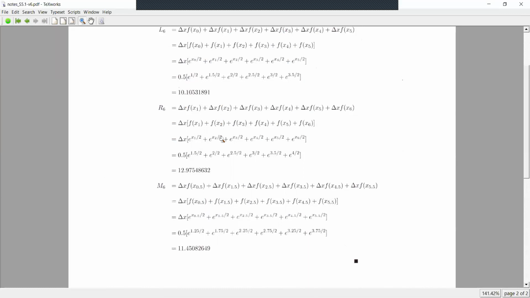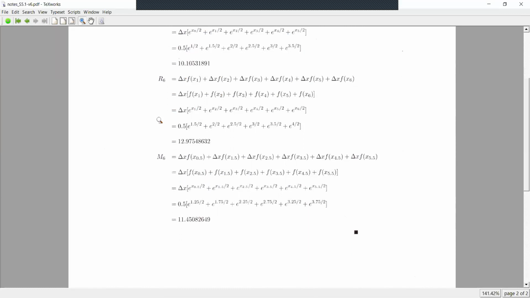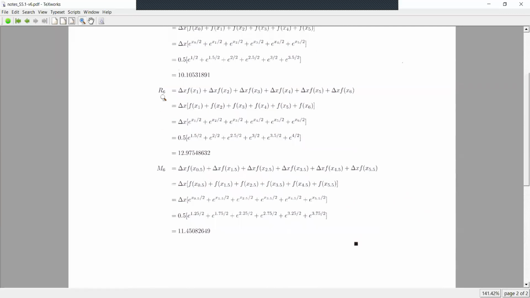Next, let me compute the right Riemann sum. The right Riemann sum is the sum of the areas of 6 rectangles. The first rectangle is on the first subinterval, whose right endpoint is x1. So the function value at x1 is the height of the first rectangle.